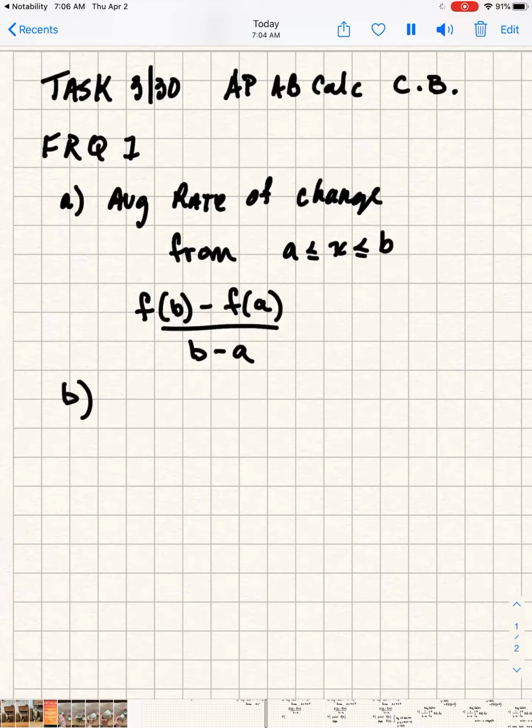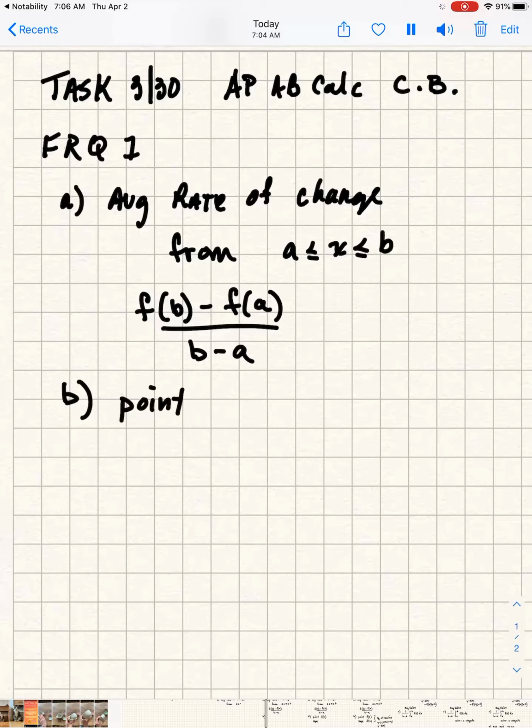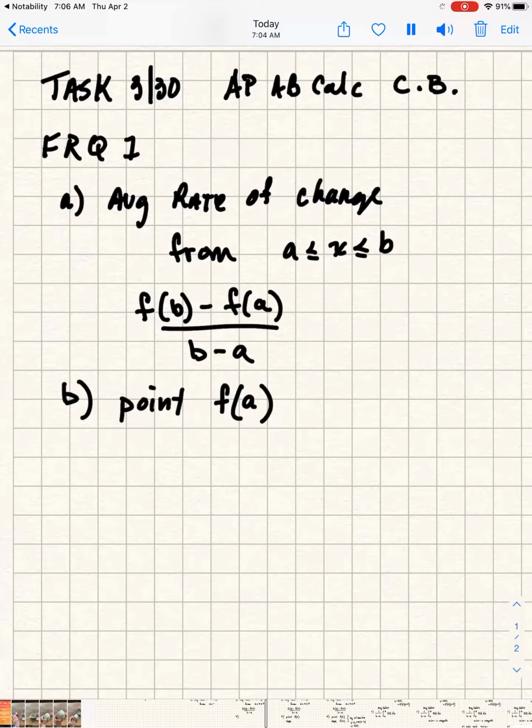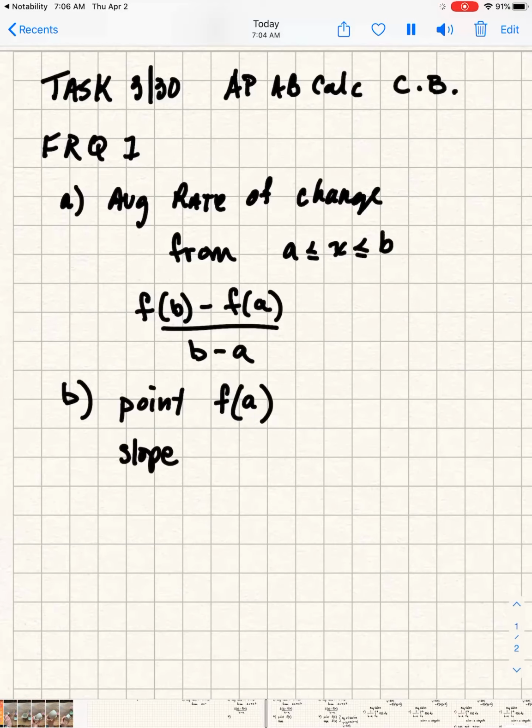For letter B, it says write the equation of the tangent line. So I'll give you a couple pointers. You need a point, which really you could just plug into the function. So if you have a point at a given number, you're just plugging in the original f of, say, a. Then you have to find the slope as well, a slope for the tangent line.